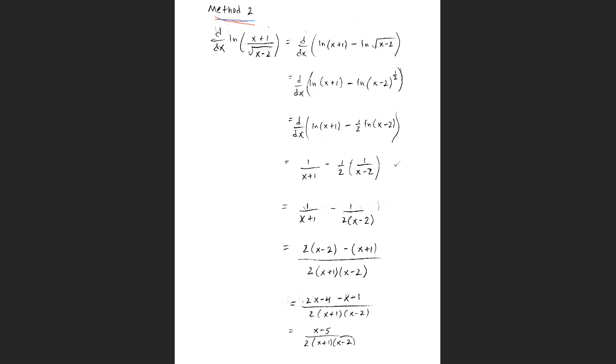This is A over B. So the derivative of the log of A over B is the derivative of the quantity, the log of A minus the log of B.